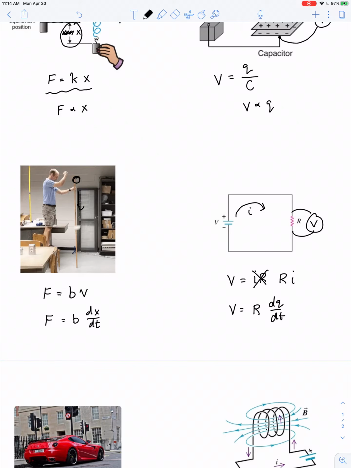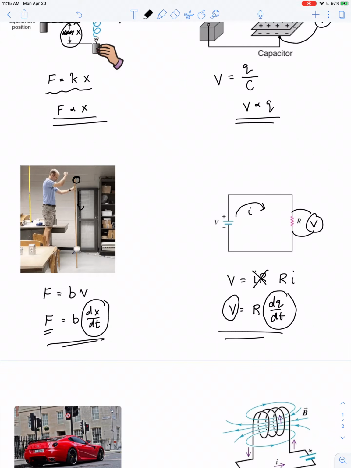So here we have a force that's proportional to not the position, but the rate of change of position, and here we have a voltage that's not proportional to charge, but the rate at which charge is flowing. So maybe you're starting to see the analogy I'm trying to make. With capacitors, voltage is proportional to charge. With resistors, voltage is proportional to the rate at which charge flows.